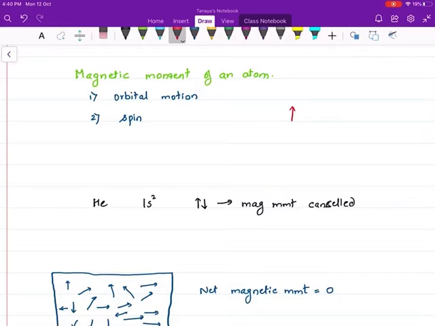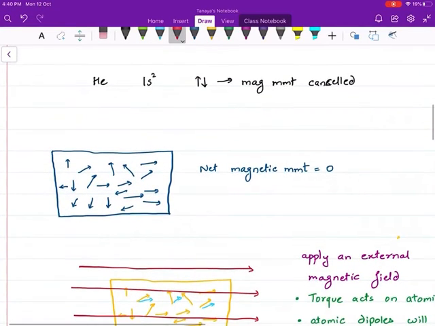Now it can be seen that in many of the atoms which have paired electrons, for example this helium, it has two electrons and both are in the first orbit, so they are called paired electrons. How are the dipole moments because of these two electrons?